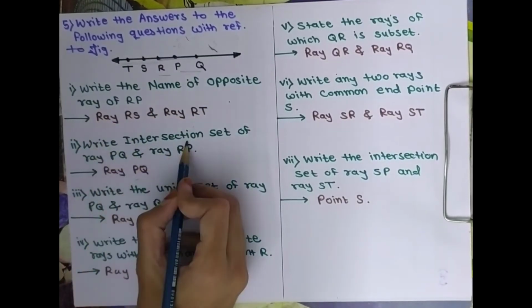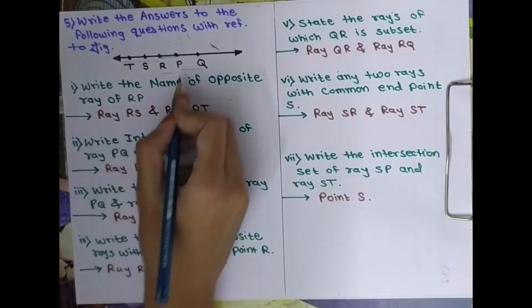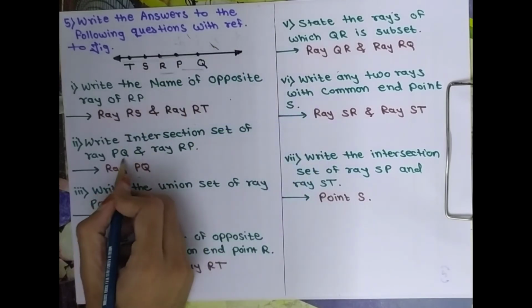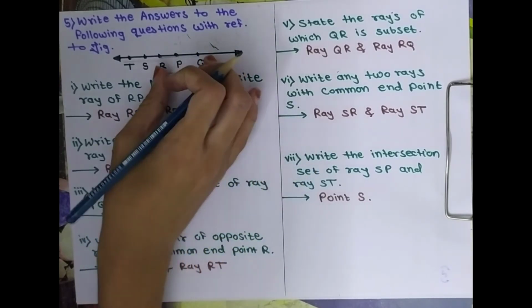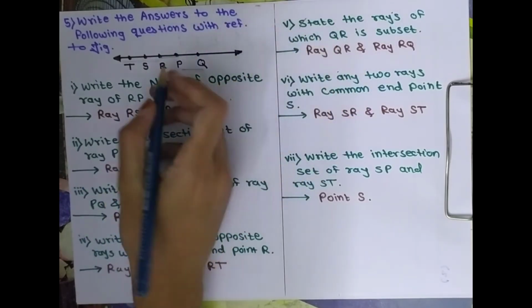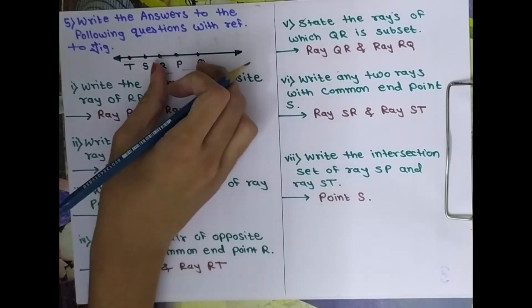Number 2 is write the intersection set of ray PQ and ray RP. So look, ray PQ and ray RP, this. So here which is the intersection set? Intersection means common between them. Common between ray PQ and ray RP is PQ.